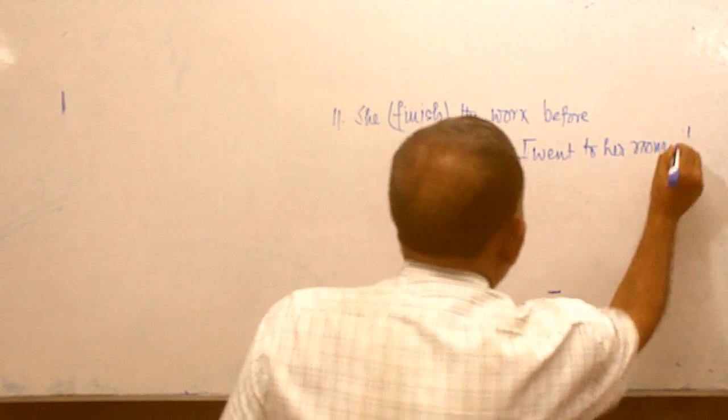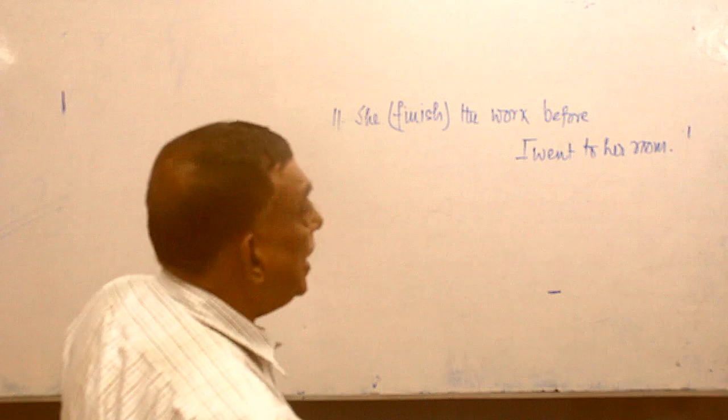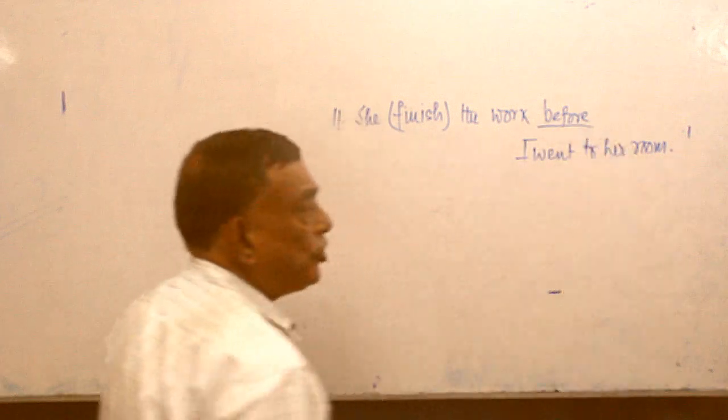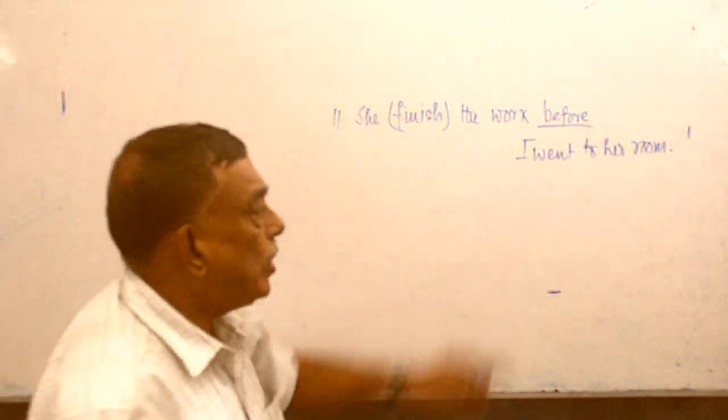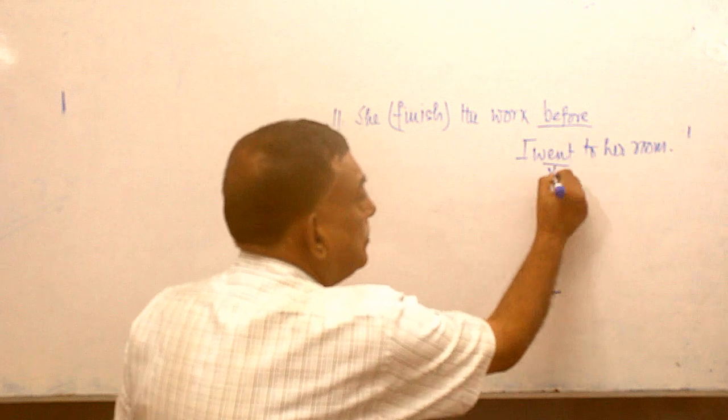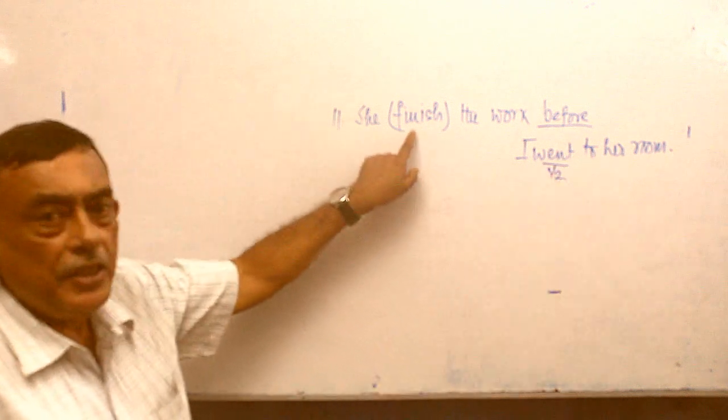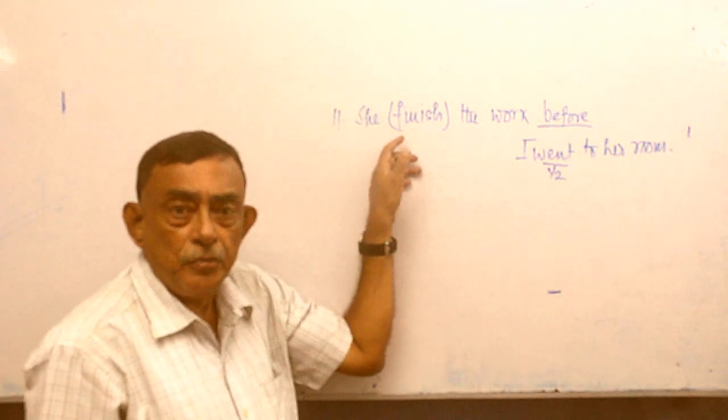Now this is a compound sentence, and you can find that before has been given as a conjunction, and then, I went to her room. Here you can find the verb is in past tense, and this verb is in unedited form.